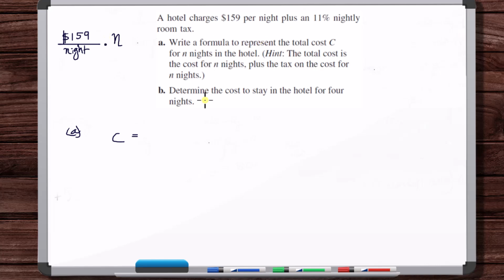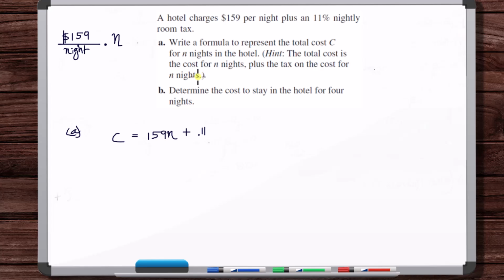So we're definitely getting charged $159 N. Plus, we have more. Plus what? An 11% nightly room tax. So I guess 11% of the cost per night. Well, wait, no. Okay. 11% of what? Not 159, but the cost for N nights.